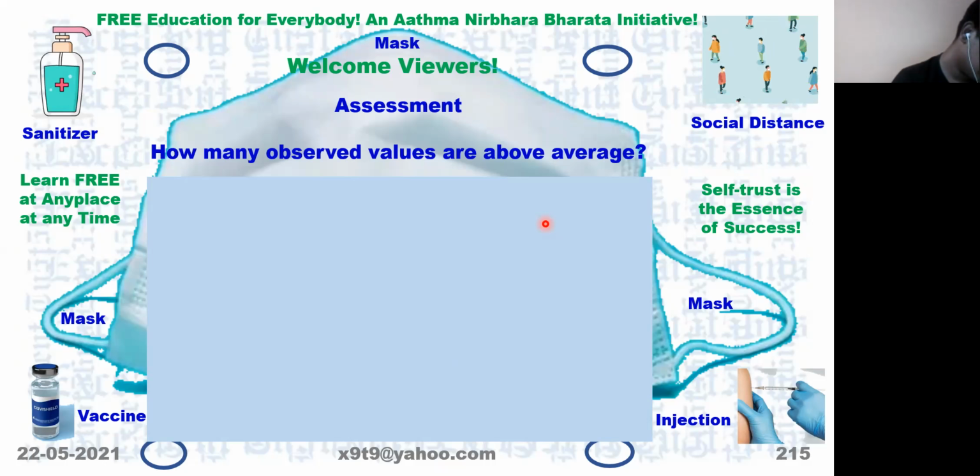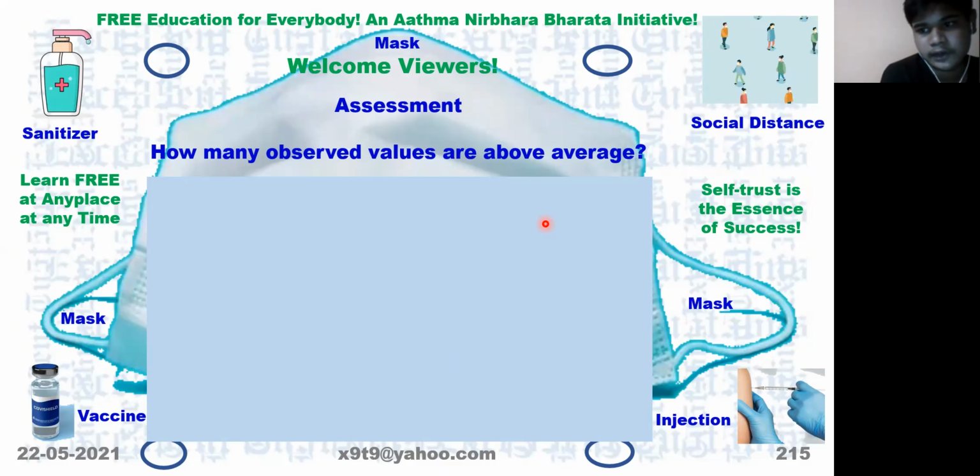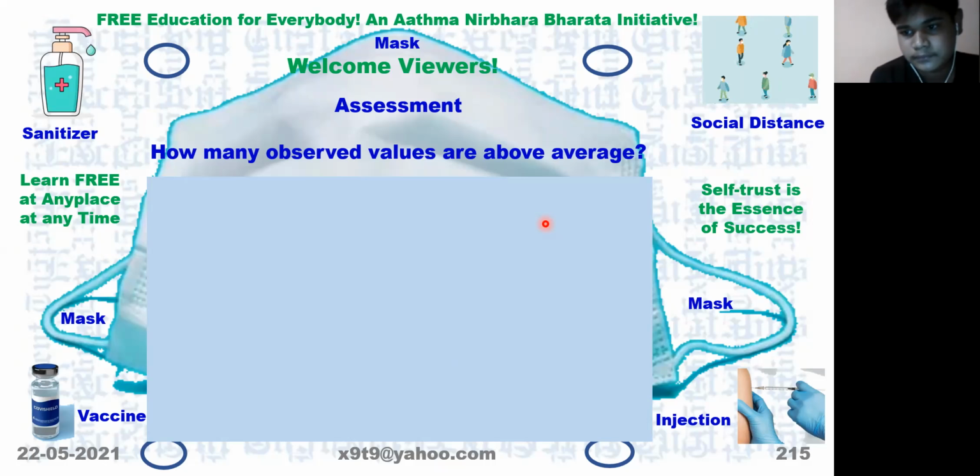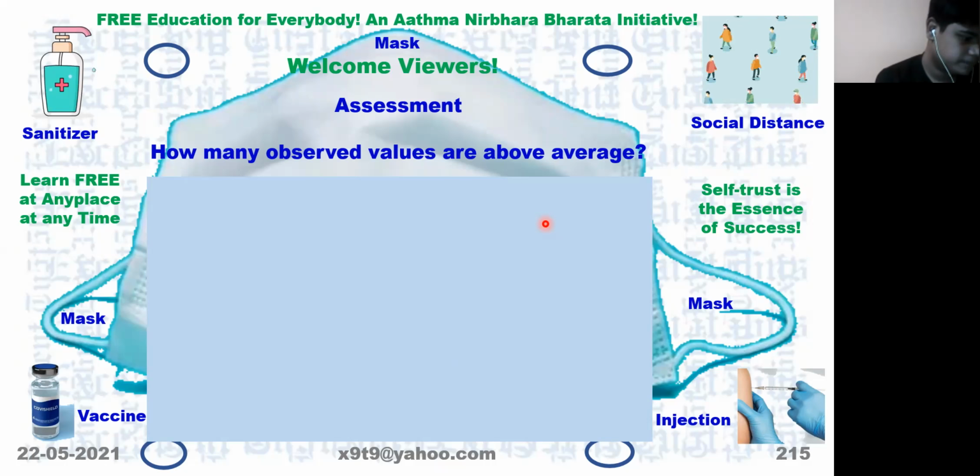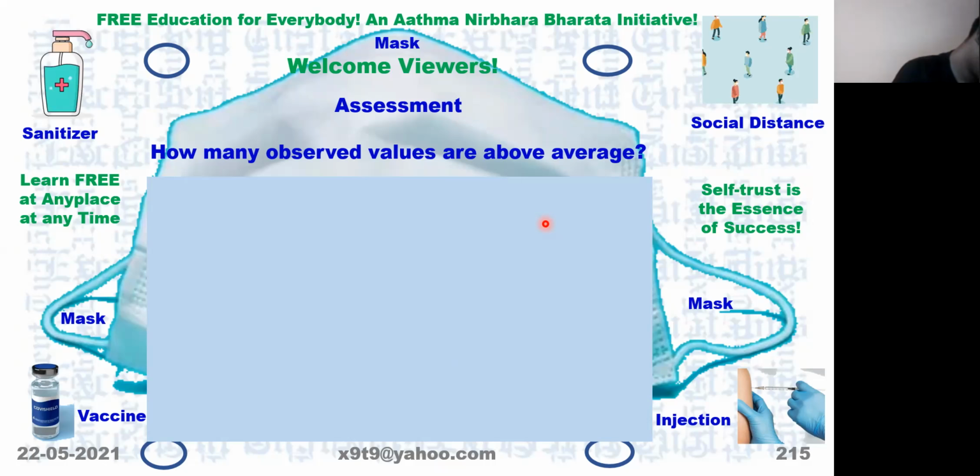Sigma x square by n, 36,341 by 11, that is 3,303.72. And 52.1 whole square is 2,714.41. So what is the difference there?